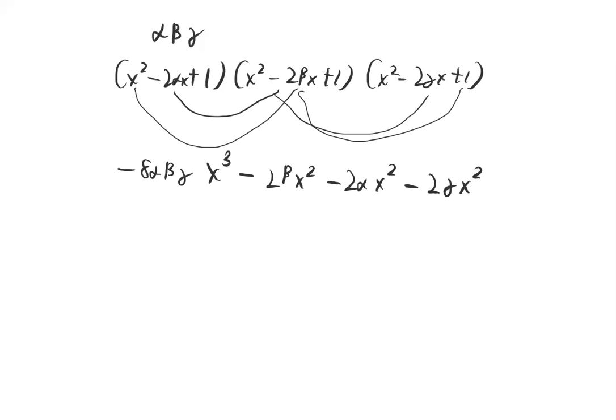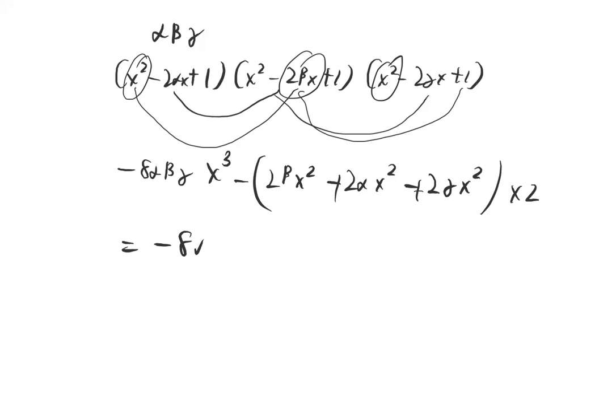However, we also have to note that there are multiple values for these, because if you can take 2 beta x from here and take x squared from here or x squared from here, so we have to times that by 2. So what we have is this equation.